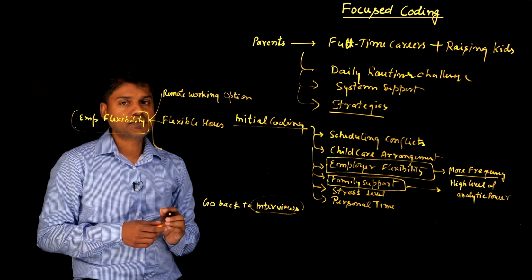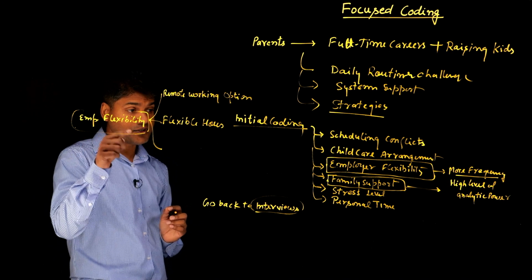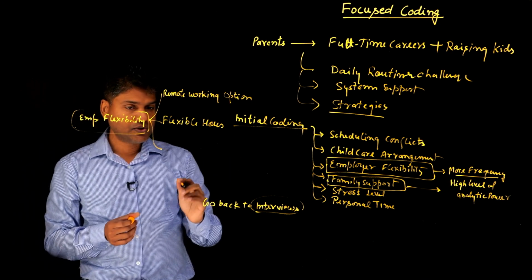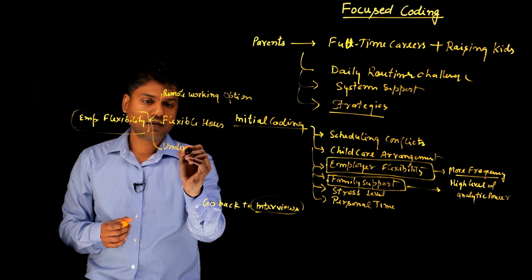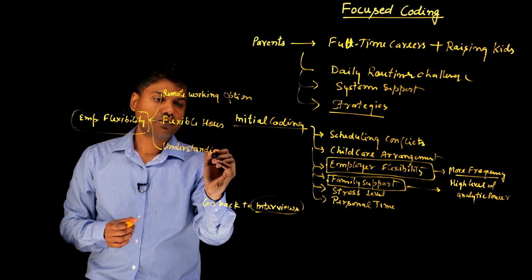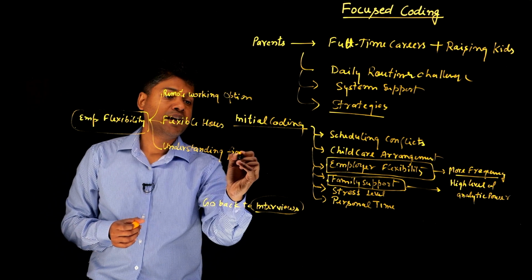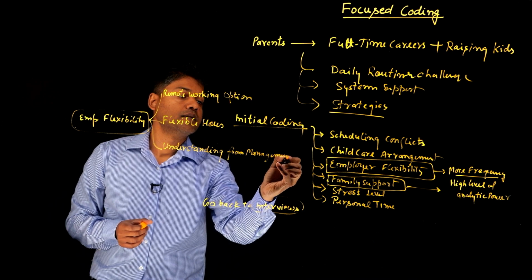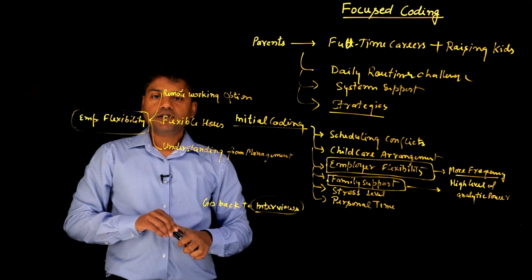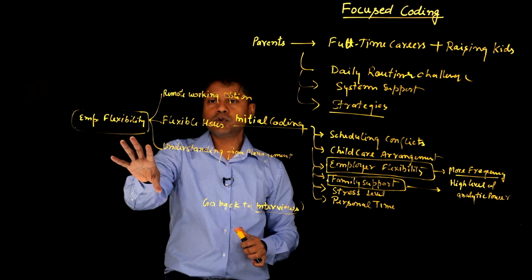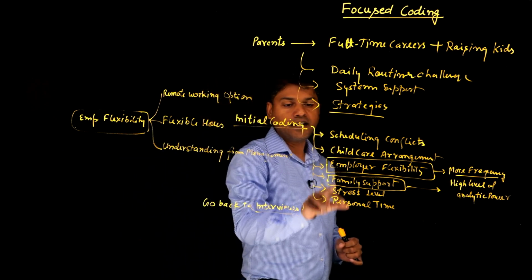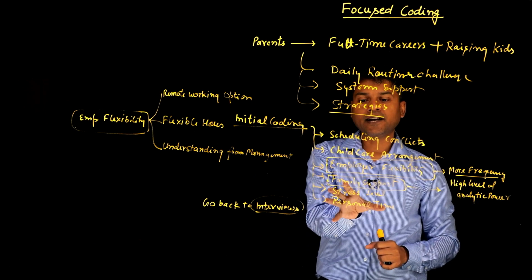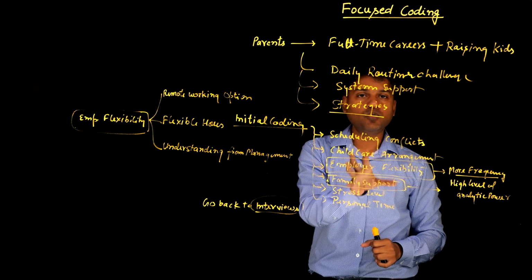Let's say there is another sub-theme which emerged from the focused coding, the recoding of that particular code, which is understanding from management. And this is my focused coding. So first, I have a list of the initial codes, and then I determine which codes have more analytic power, more frequency, more prominence.